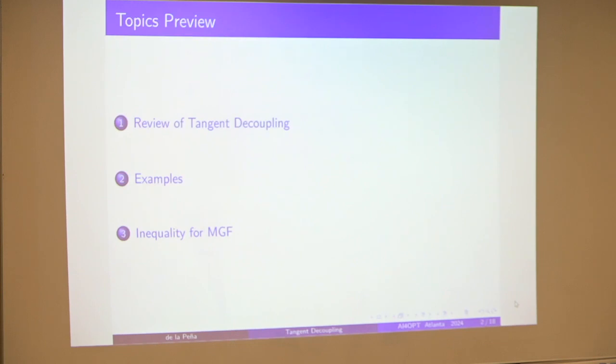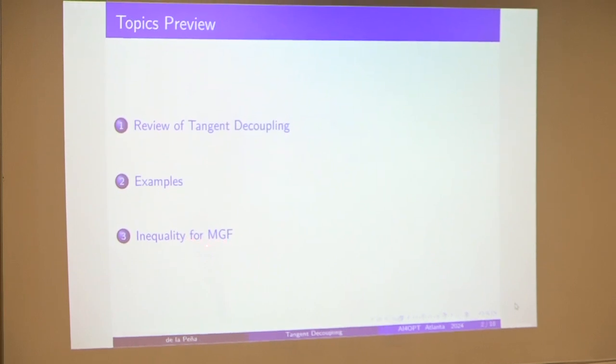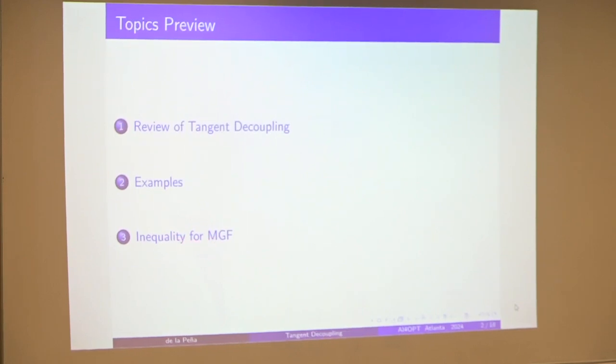I will review how you can decouple sequences, and I will give a couple of examples, and then afterwards I will give an inequality for the moment generating function. I will actually give you the proof of the inequality. It's a simple proof, but it gives you an idea as to how decoupling works or how you attain decoupling.